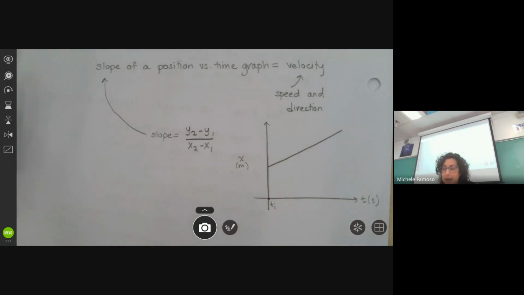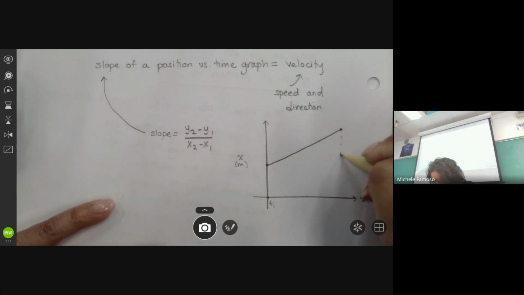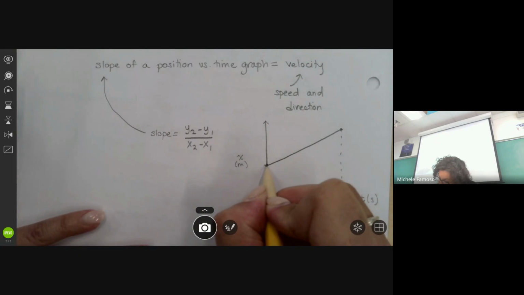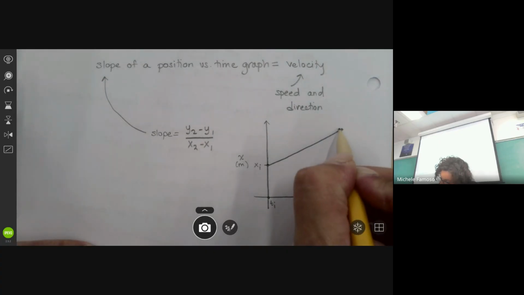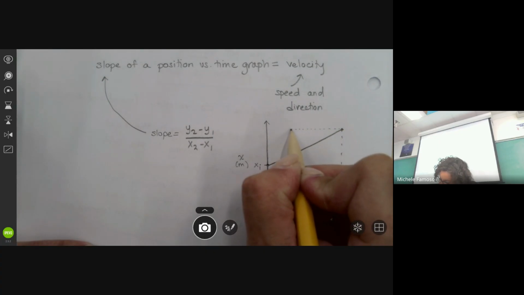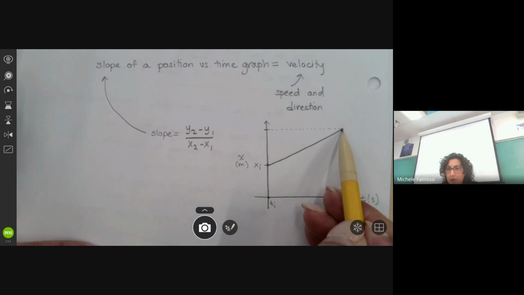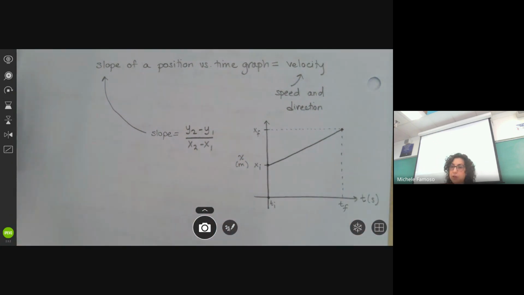I'm going to call that TI. And this time here would be the final time where I stop timing the motion. This value here would be my initial position, XI. I think you've seen these symbols before, XI. Initial position, the y-intercept. And this coordinate here, which is the y-coordinate for that point, would be my XF, my final position.